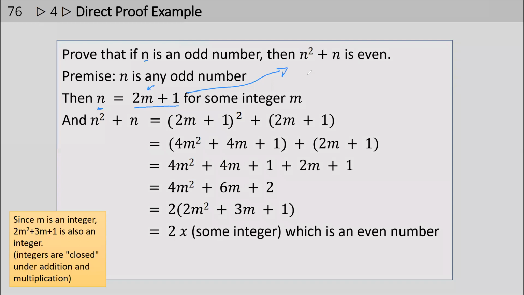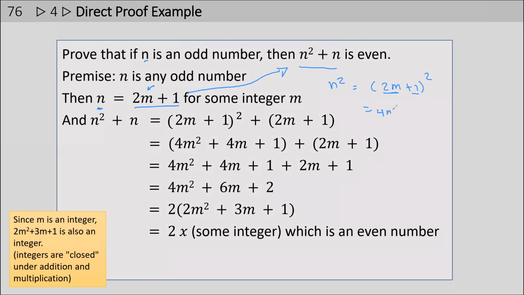And substitute here in the expression you want to prove that its outcome is even. So we would like to have n squared. n squared is equal to twice m plus 1 squared, which is square the first part, square the second part, and multiply the first times the second times 2.